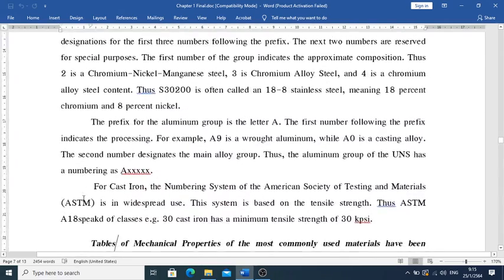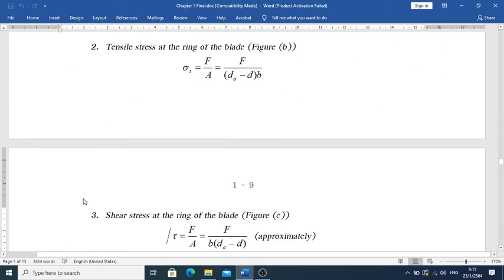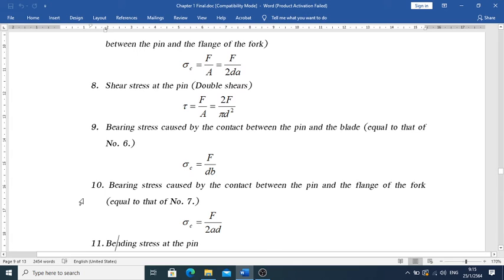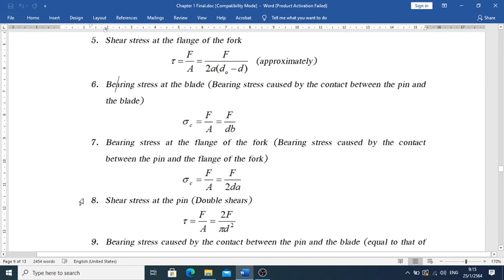I'm sorry, number 6, number 7, another bearing stress, at the blade, and the bearing stress at the flank of the fork.